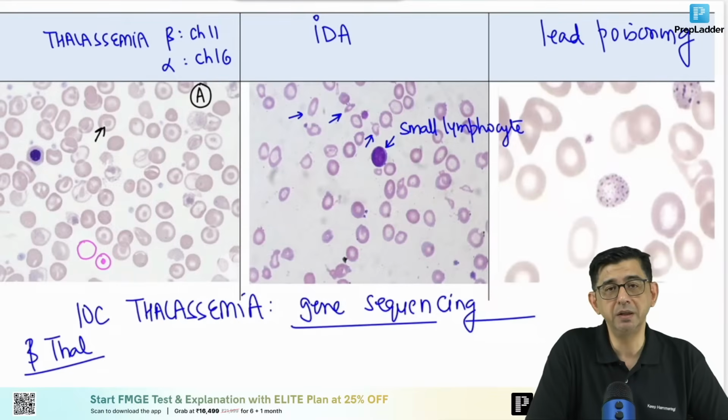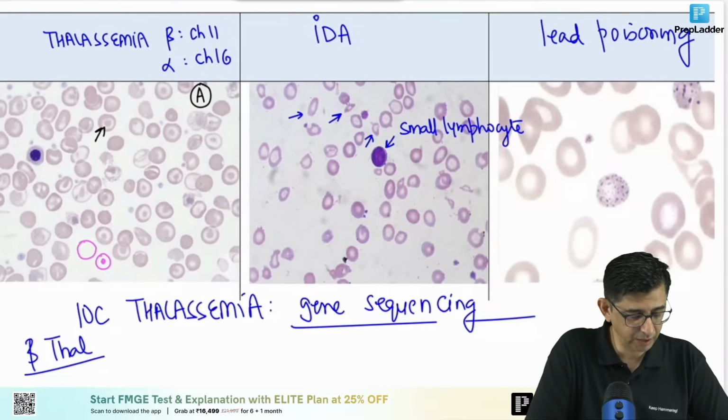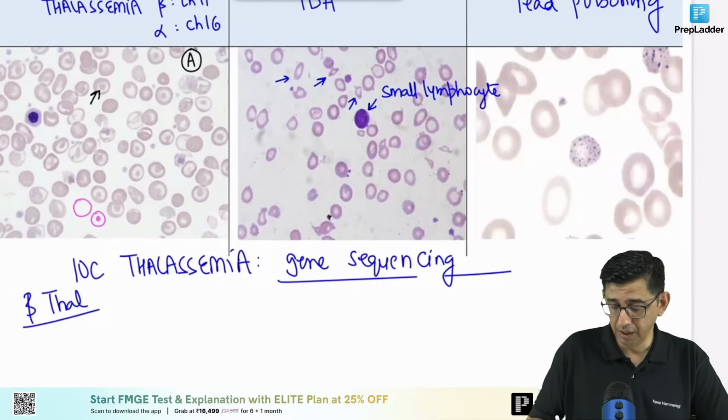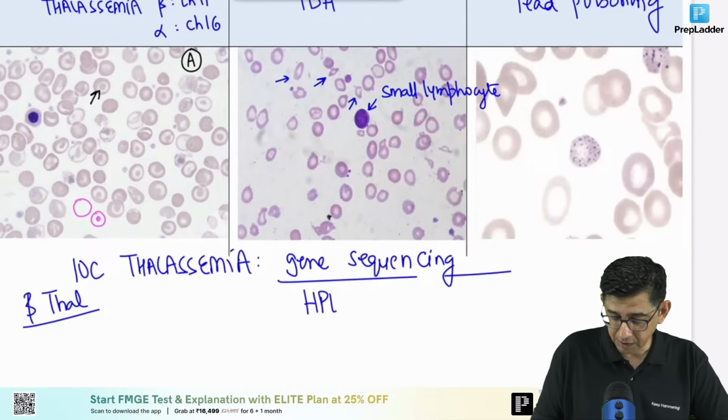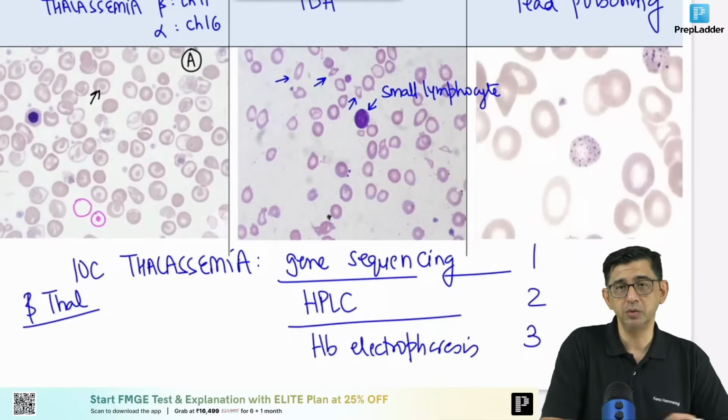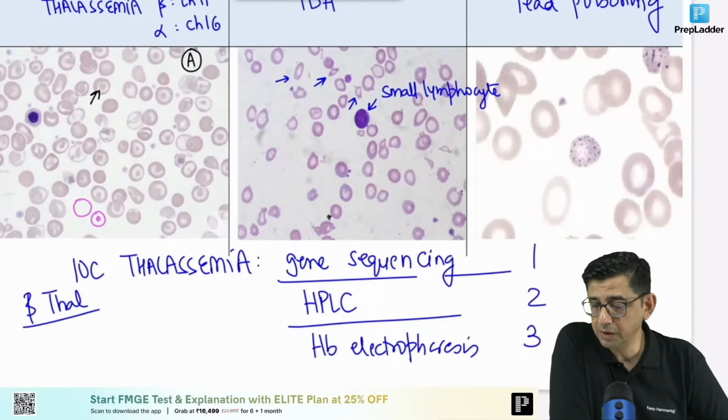Without any internet usage, can somebody comment? Yes, it is next generation sequencing. It is gene sequencing, guys. If this is not in the options, then the answer is high performance liquid chromatography. If this is not in the options, then the answer is hemoglobin electrophoresis. Not that you are wrong, but we have to select the single best answer for the paper. So the best test for diagnosis would be gene sequencing.